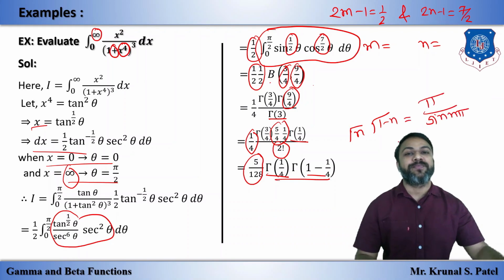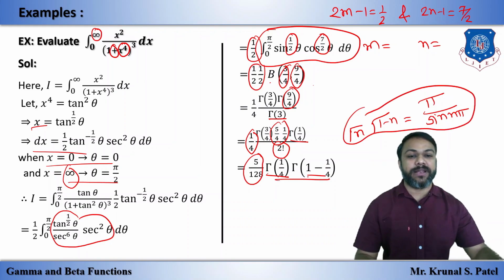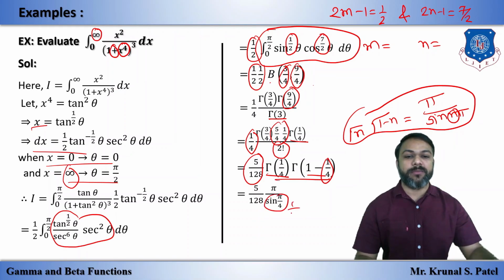Okay, we already used this formula, that's why I am not writing it here. I'm just giving it here. So here n is 1 by 4, and 1 by 4 into pi gives pi by 4. Sine pi by 4 is 1 by root 2, so root 2 goes to the numerator. So we have 5 pi root 2 by 128.